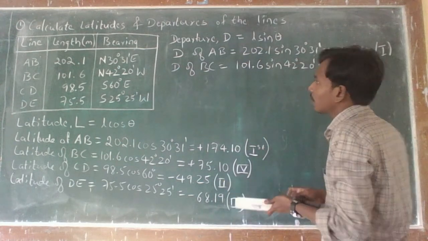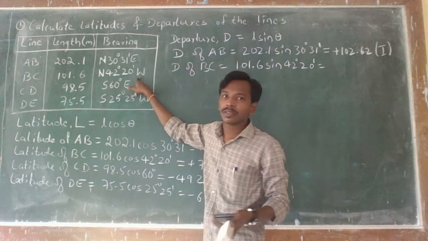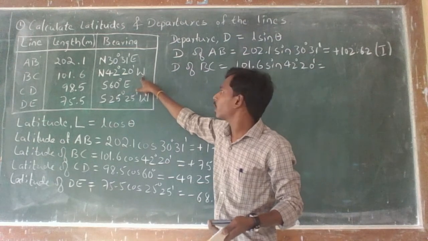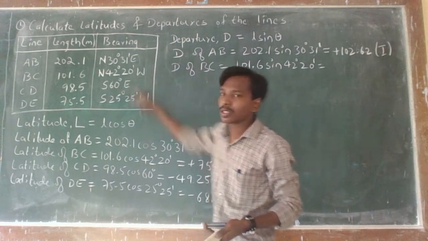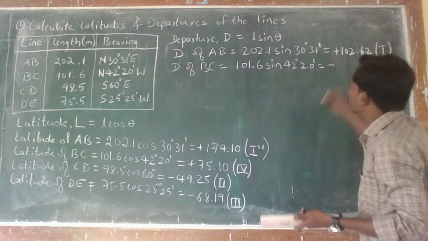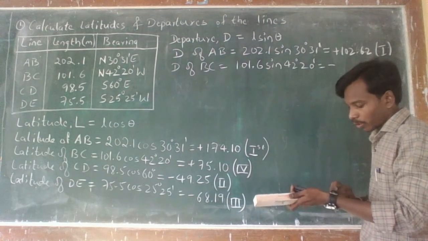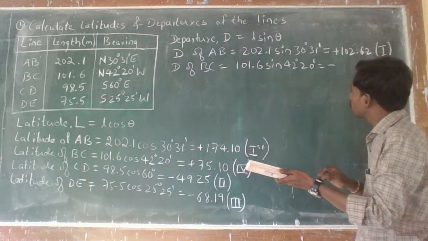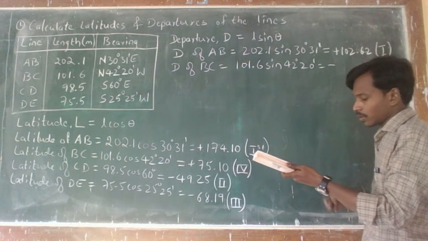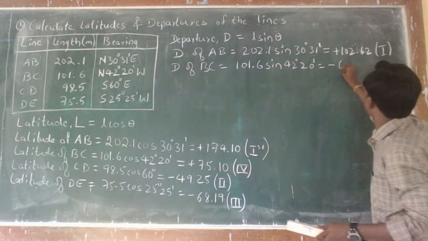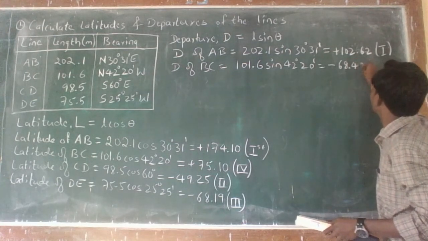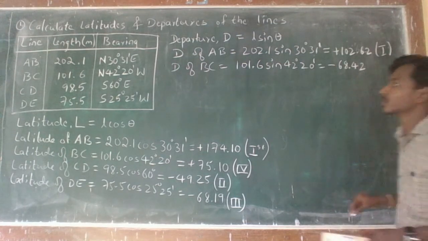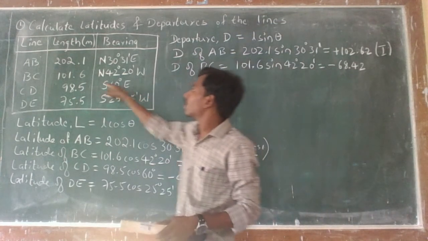Now it is towards west, so the departure of the line BC is towards west. So take minus. Now calculate the value 101.6 sin 42 degrees 20 minutes. So the value is 68.42. And now the line BC lies in northwest.